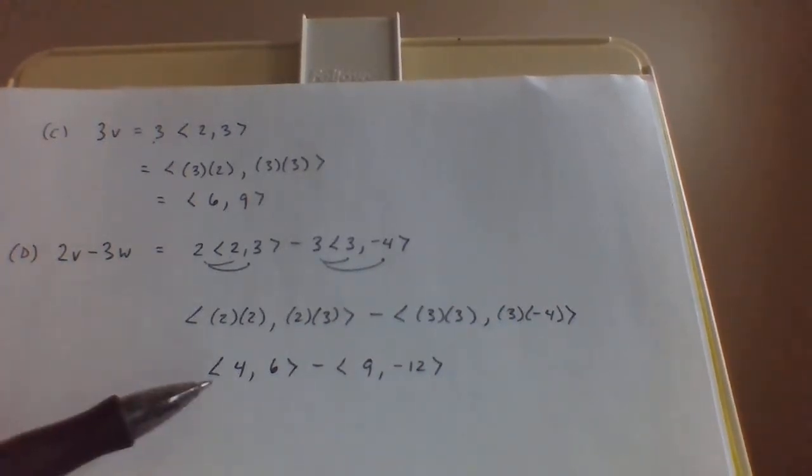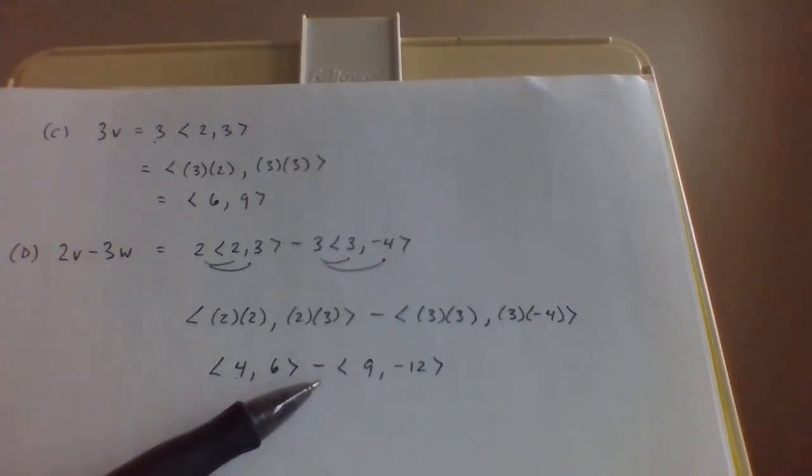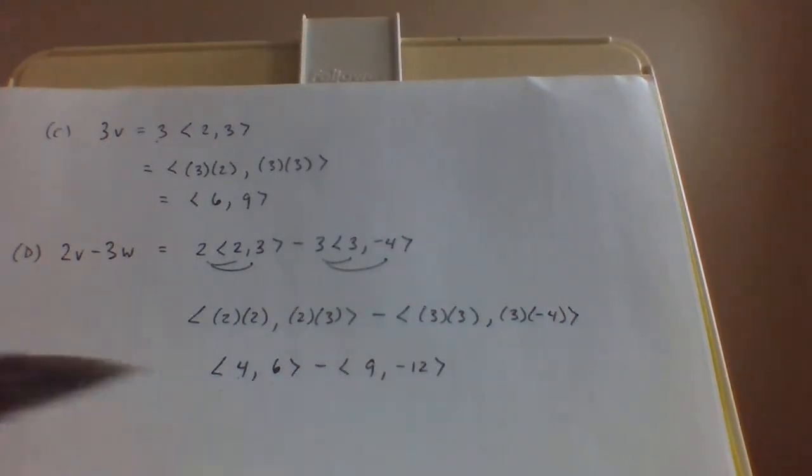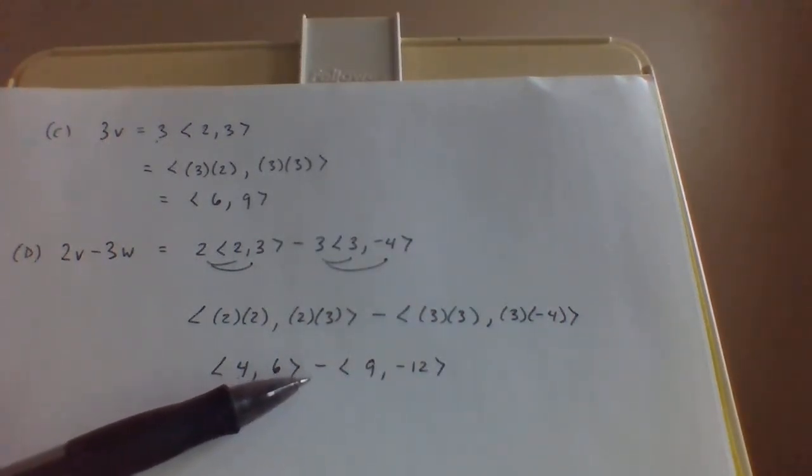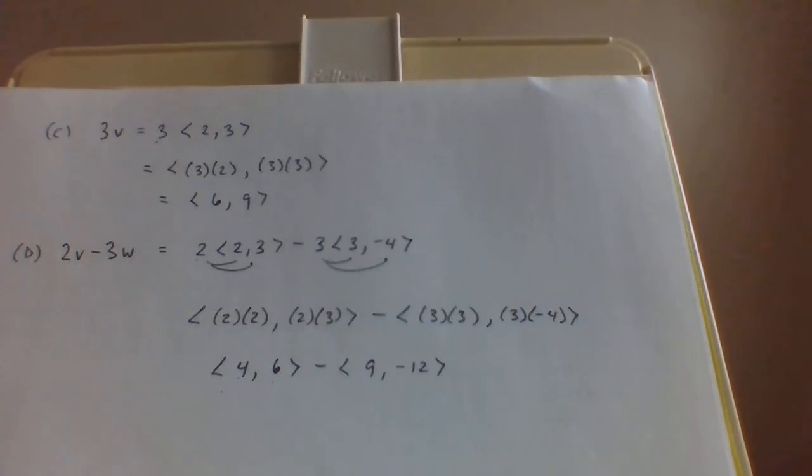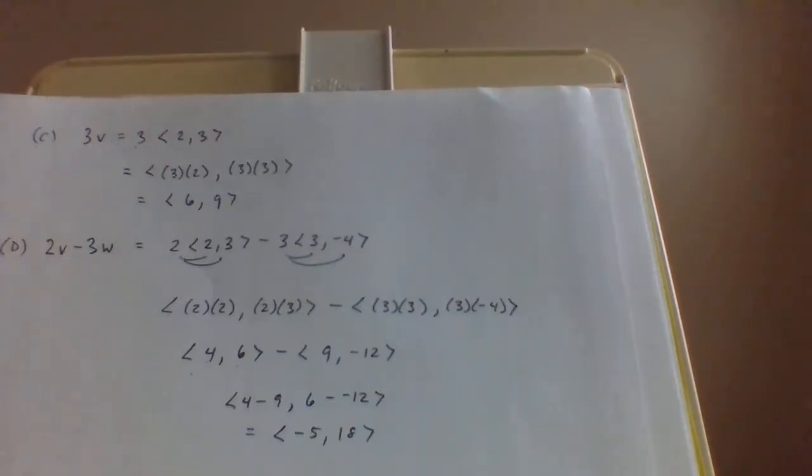We're going to be subtracting these two vectors, (4, 6) minus the vector (9, -12). Keep in mind when we subtract, we're going to subtract the x components and then subtract the y components. This will give us the vector (-5, 18).